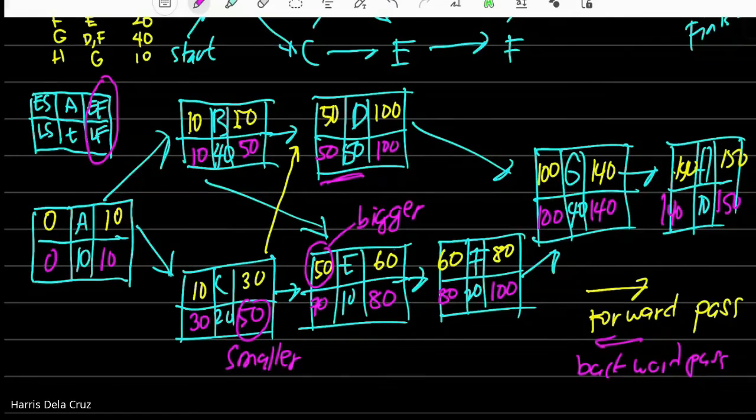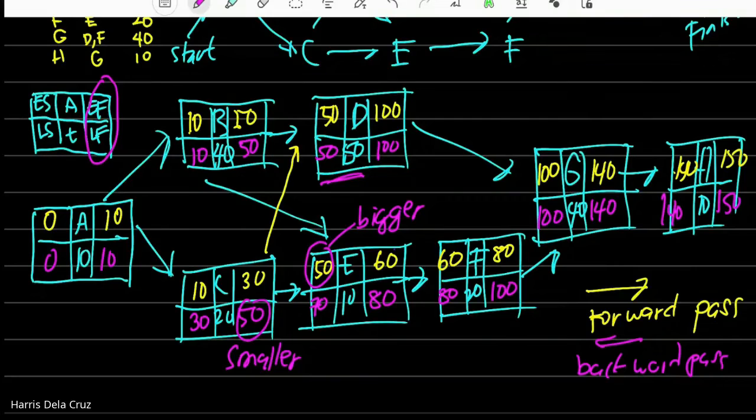Pag equal yon, ibig sabihin, critical yon, kasi ibig sabihin, hindi pwedeng may ma-delay. Ibig sabihin, pag hindi nag-equal yon, tatagal yung process na yun. Tama? Pagka yung late finish mo, pinahaba mo. So, ang mga critical path ay yung mga table kung saan equal yung early finish at late finish.